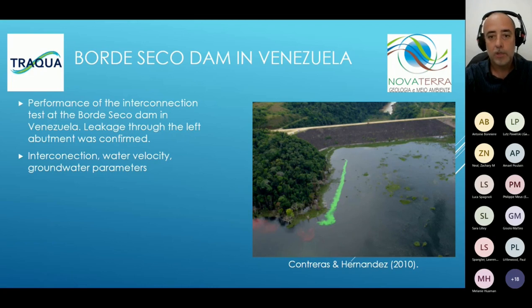Okay, so they performed a tracer test to understand the interconnections, the water velocity, and groundwater parameters. Okay, they confirmed the interconnection between the reservoir water and the water leaks at the left abutment of this dam.